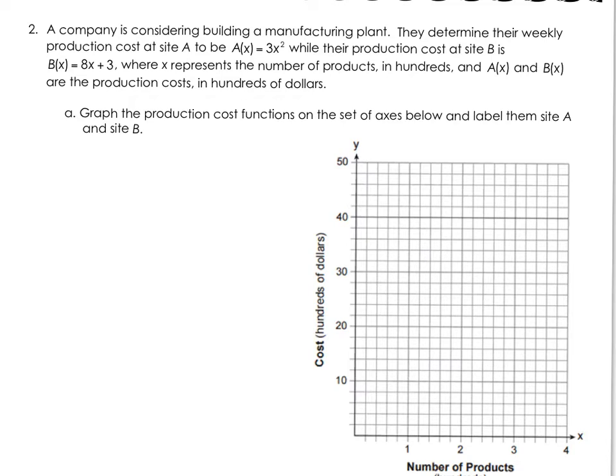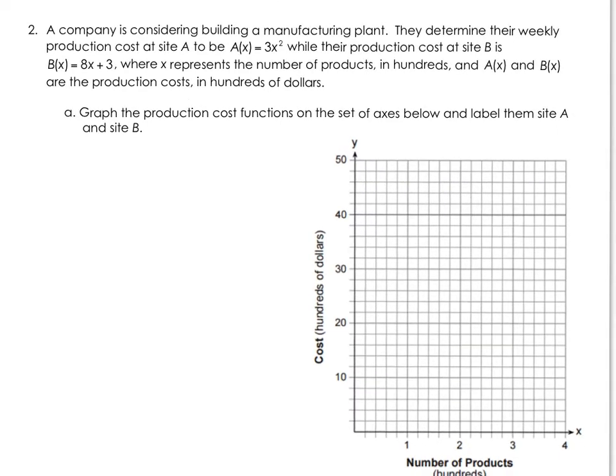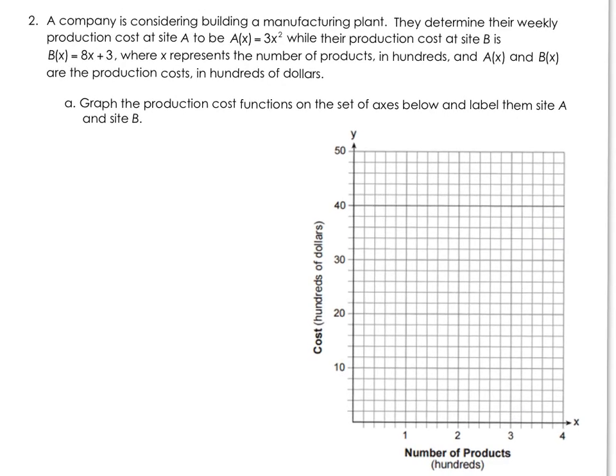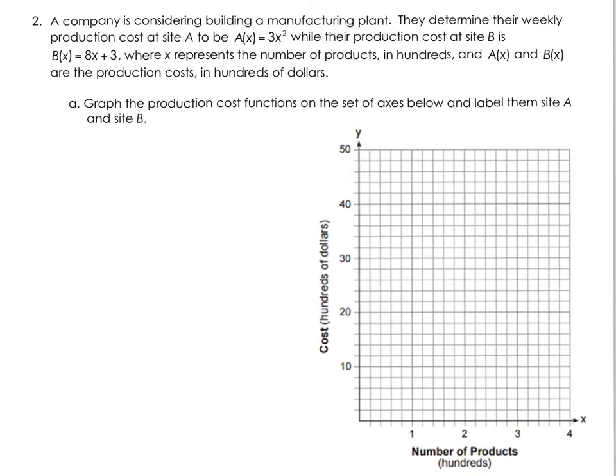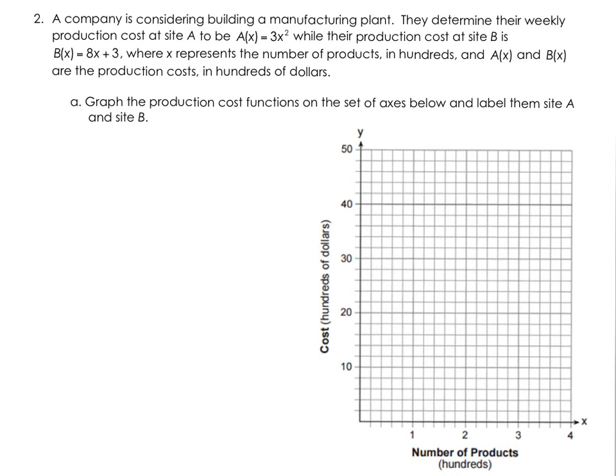We need to graph the production cost functions on the set of axes below and label them site A and site B. So when I look, they already did a lot of the work in this question for me. I can see my x values are already determined on the graph and my y values with what each one is standing for. So on my x-axis, I'm going to put number of products in hundreds, and on my y, we have the cost in hundreds of dollars.